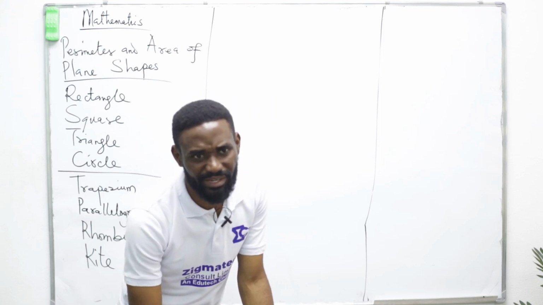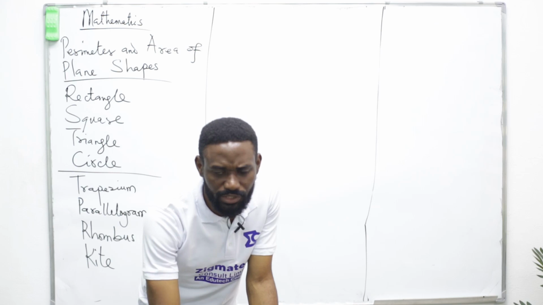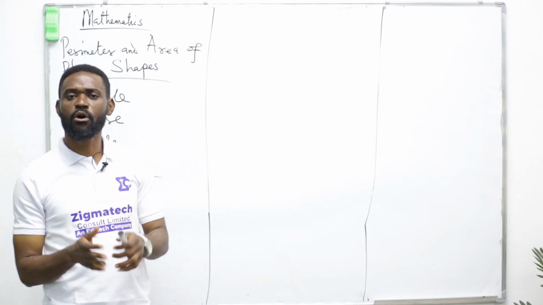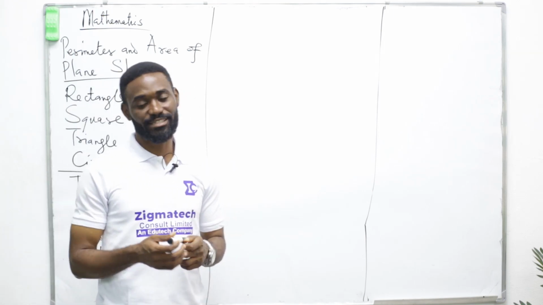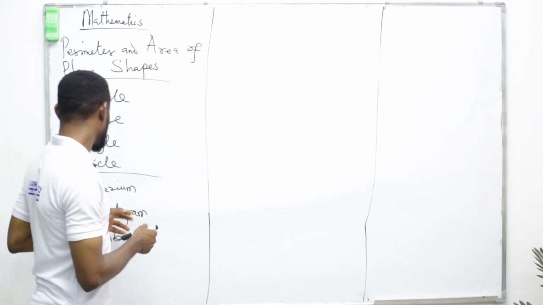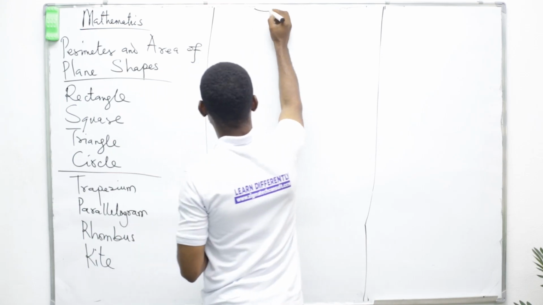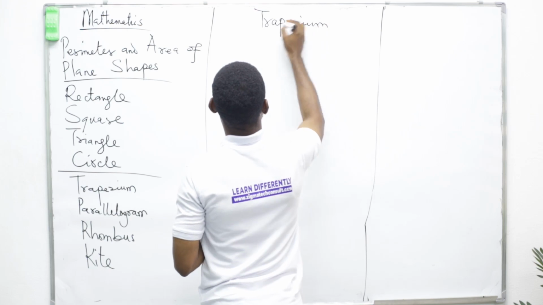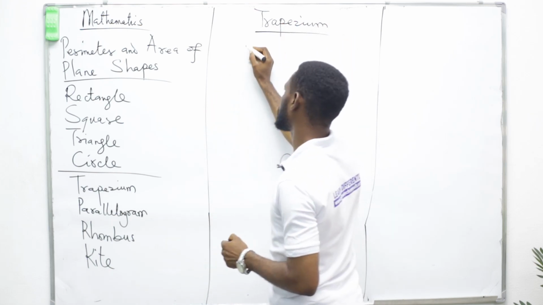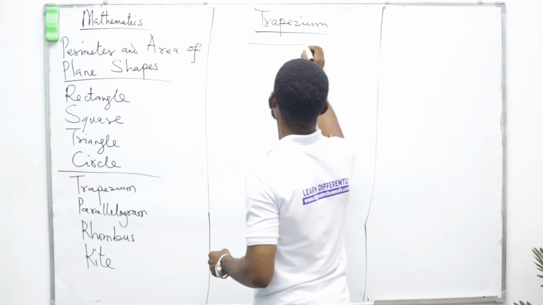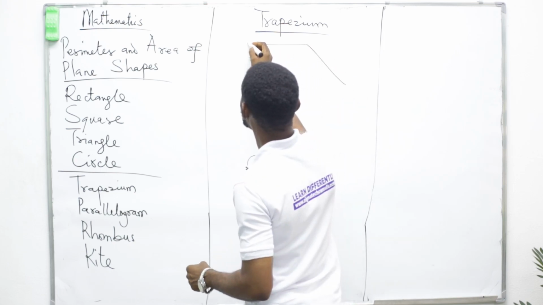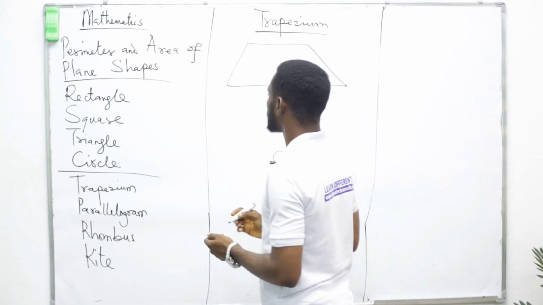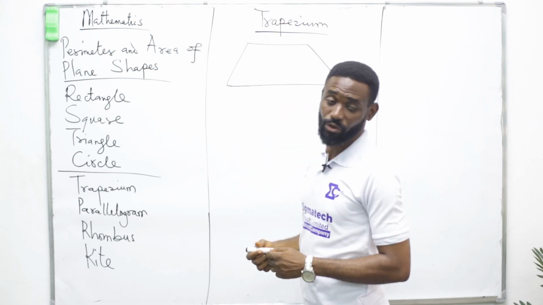So let me start with perimeter. Like the last time, perimeter simply means the sum of all sides of the plane shape, okay? Now, let me just give us, for trapezium, okay, let's say this is our trapezium. We say trapezium is a quadrilateral.